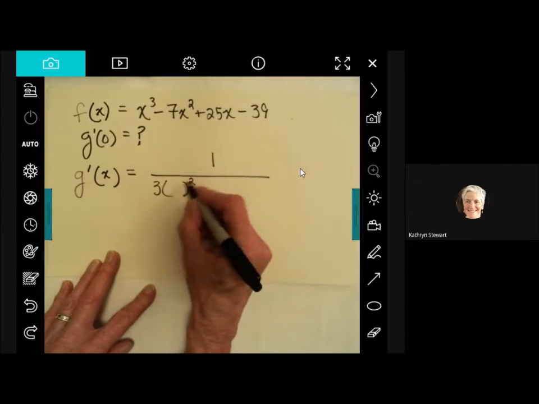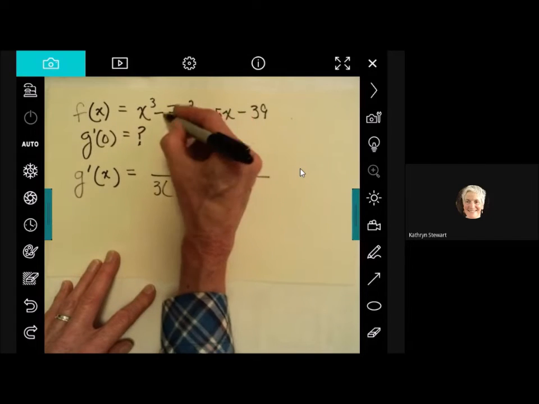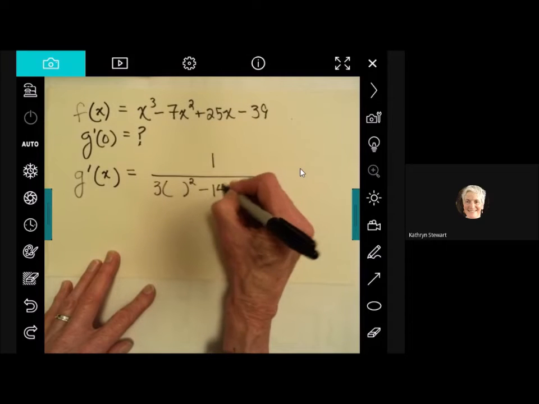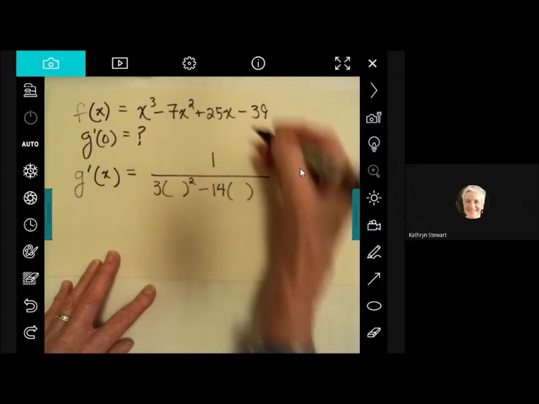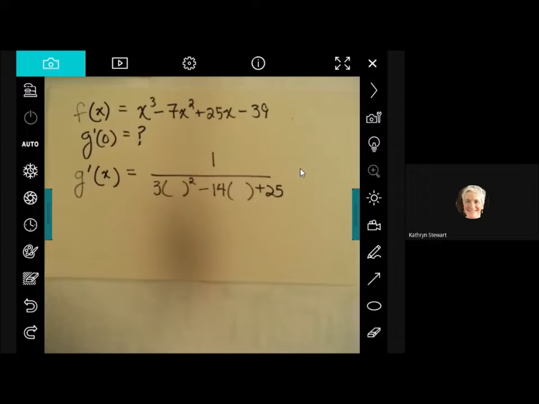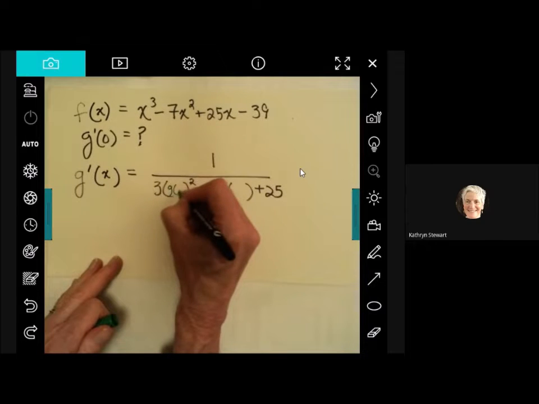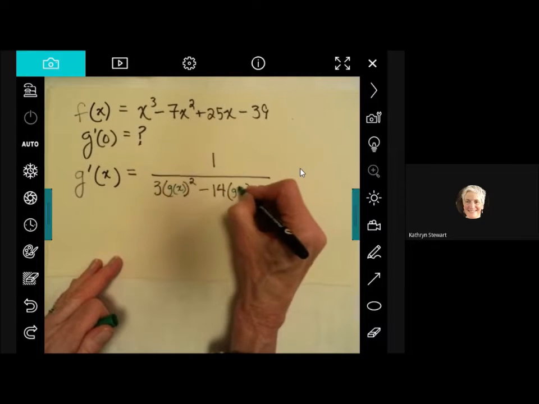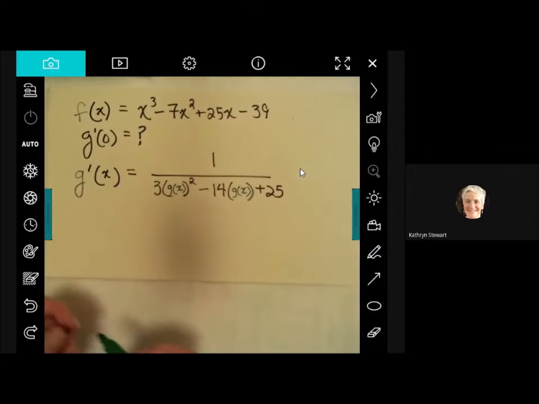I'm just going to leave the x empty for now. Minus power rule, 14x plus 25. And the reason I'm leaving all those x's blank is because I'm going to put a g of x in there. Those are my inputs when I'm finding the derivative of an inverse function.